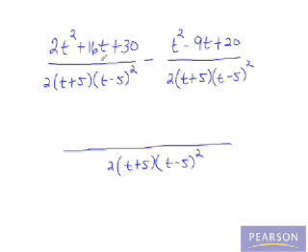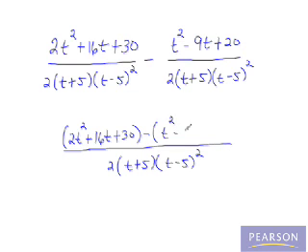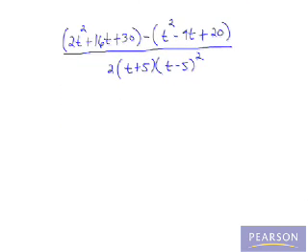We take our first numerator minus our second numerator, so we'll have 2t² + 16t + 30 minus the quantity t² − 9t + 20. We'll distribute the negative through, subtracting our polynomial.